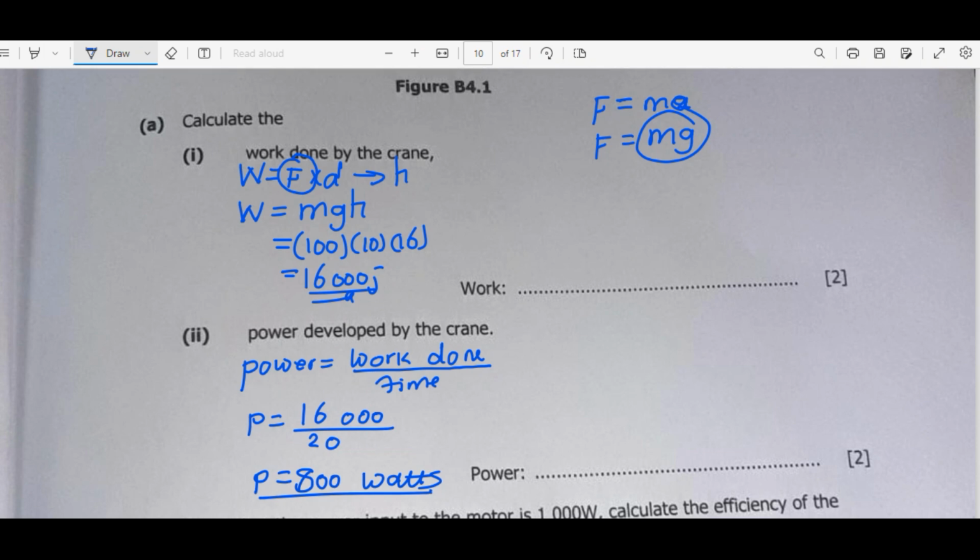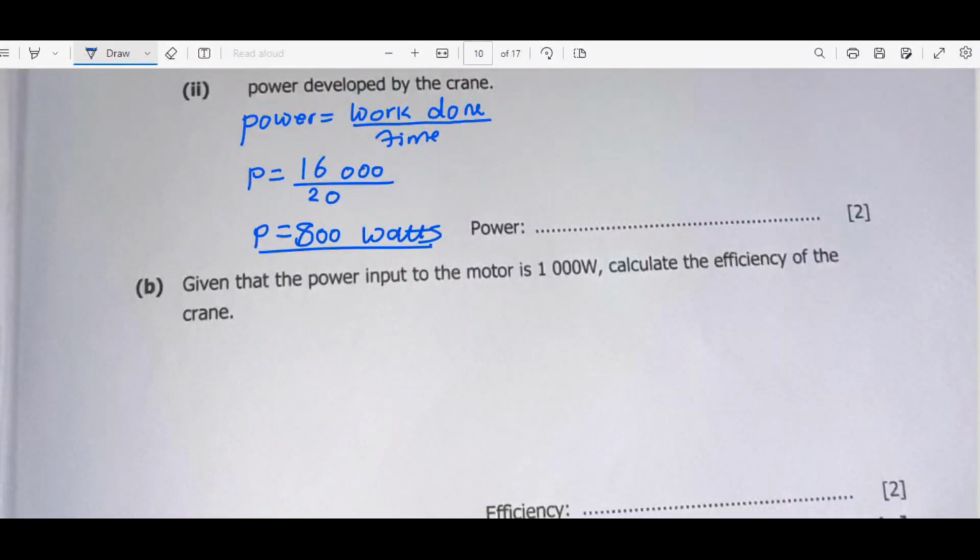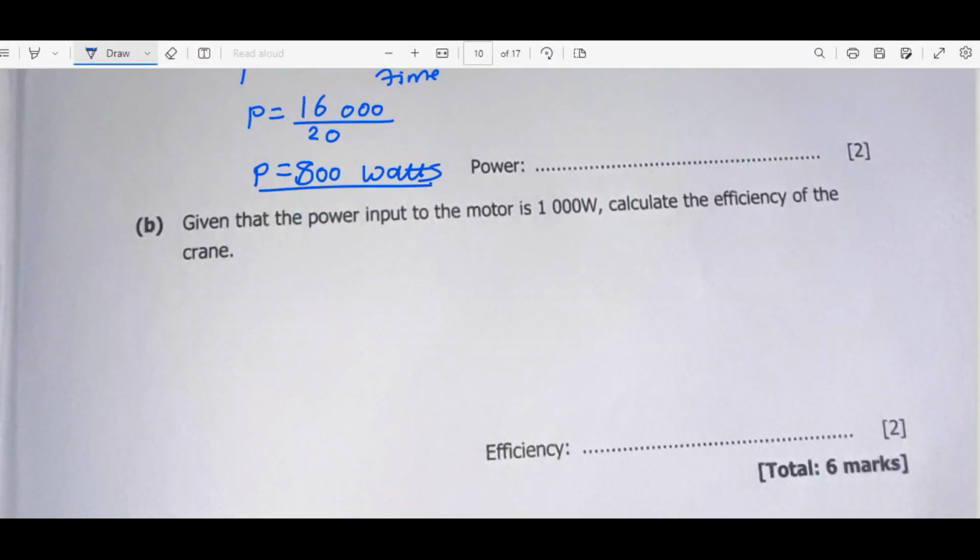Now let's move on to B. Given that the total power, which is the power input to the motor, is 1000 watts, calculate the efficiency of the crane.